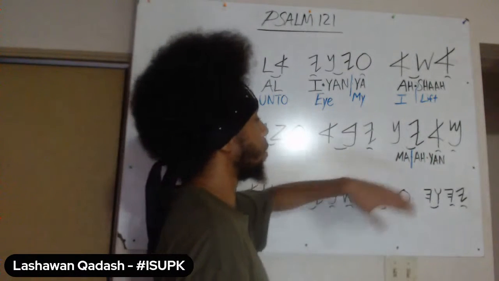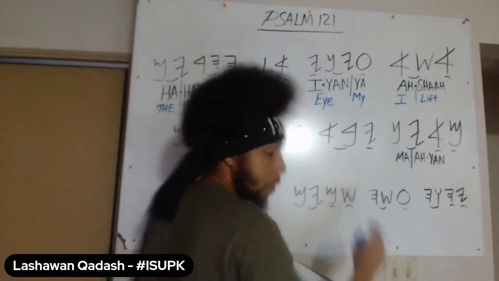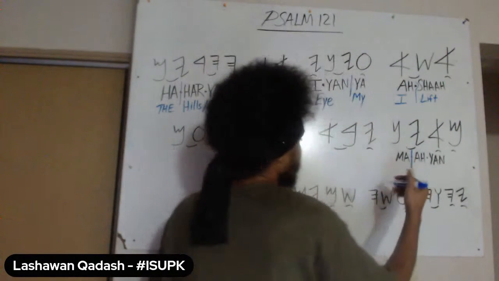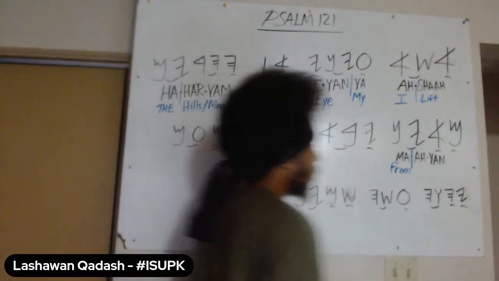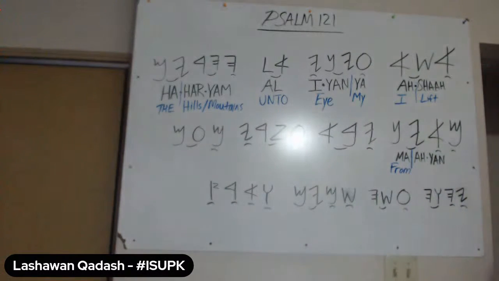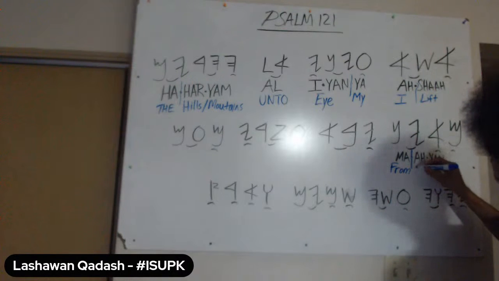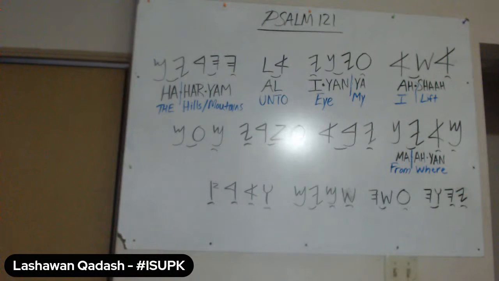Some words in the beginning can be words by themselves. It doesn't always mean it is a prefix, okay? So ma by itself means from. I'm sure some people know this, some people don't. Ayan is another word simply. It means a lot more things, but based on the context of the prayer, it is where. W-H-E-R-E. Where. All right.